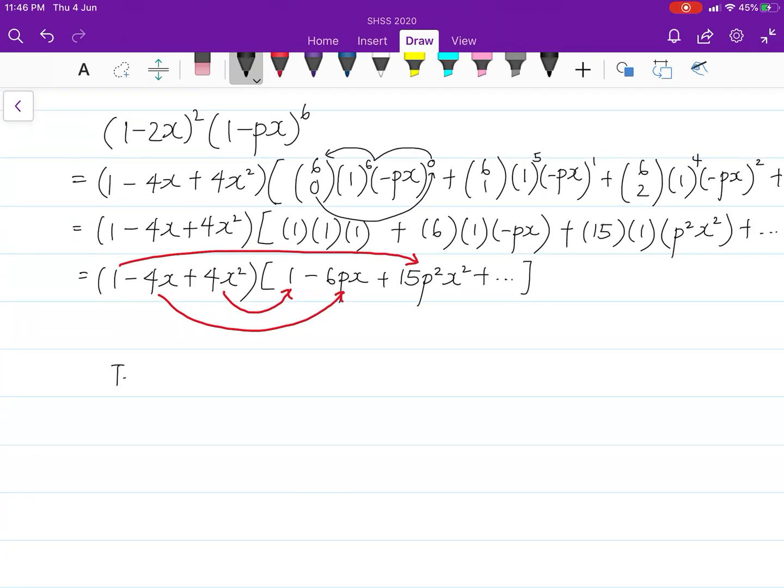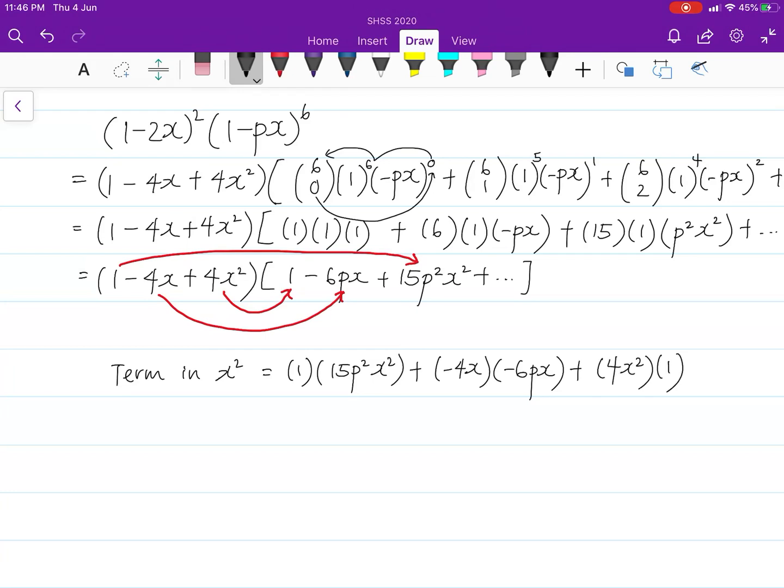So you can write the term in x squared is actually equal to 1 multiplied by 15p squared x squared, plus minus 4x multiplied by minus 6px, plus 4x squared multiplied by 1. Simplify, I get 15p squared x squared plus 24p x squared plus 4x squared.